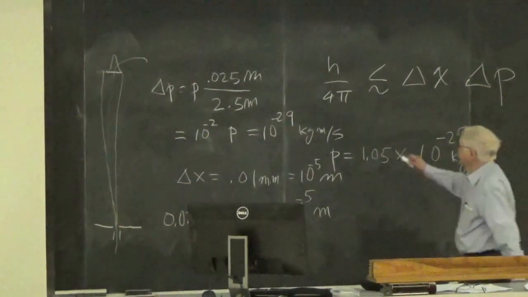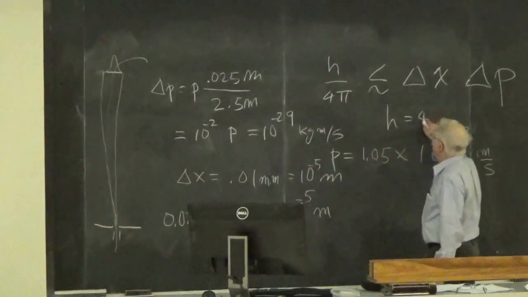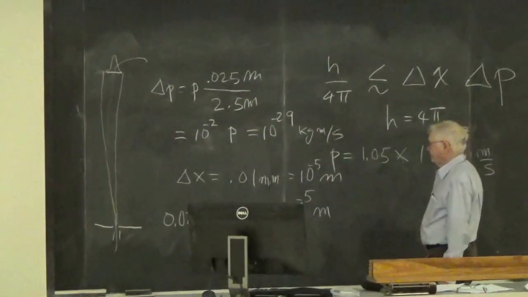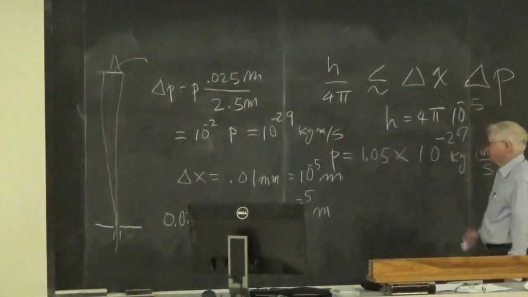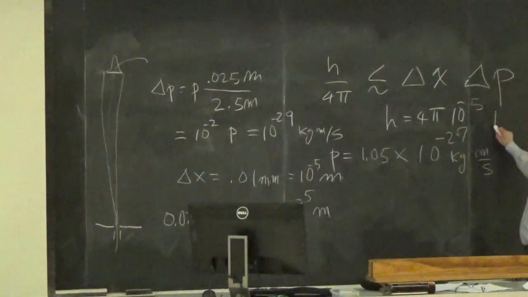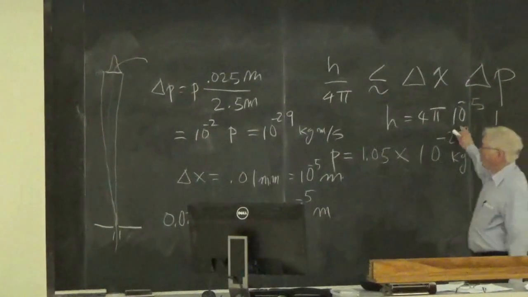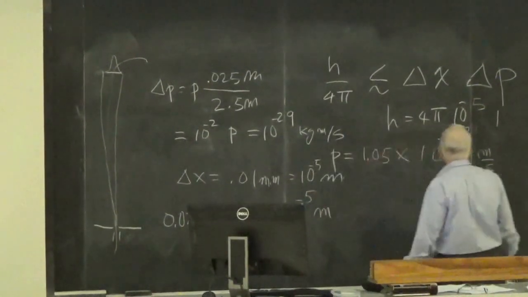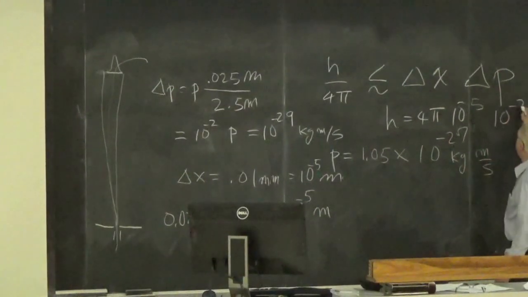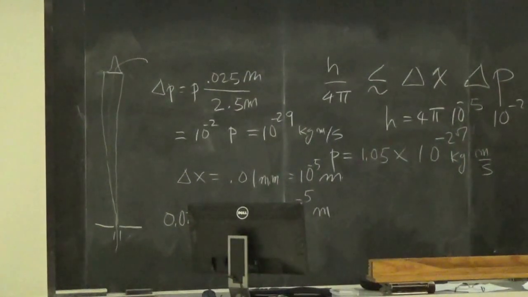And so that gives us h as 4 pi times 10 to the minus 5 for delta x, times 10 to the minus 29. So that's altogether 4 pi 10 to the minus 34.